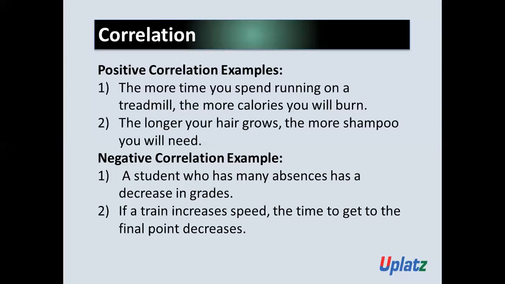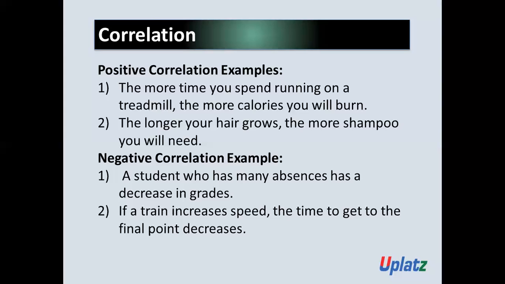But if you drive a car at a very fast speed, then you will cover a large distance in a particular time. So this is the example of positive correlation. And a negative correlation example is, if you increase the speed, then the time required to reach the destination decreases. Got the point?